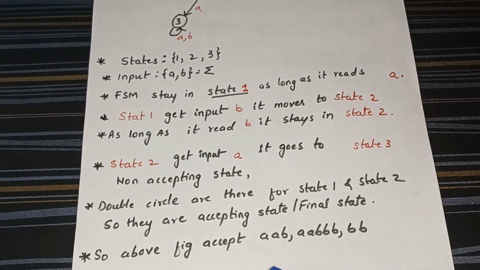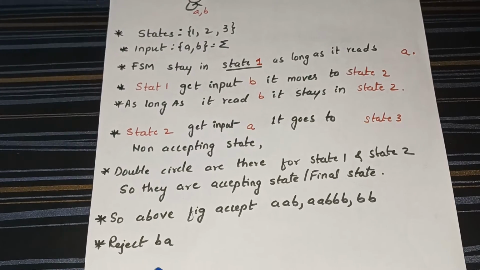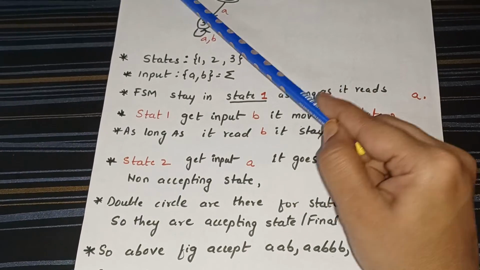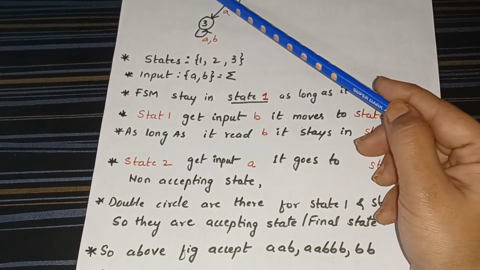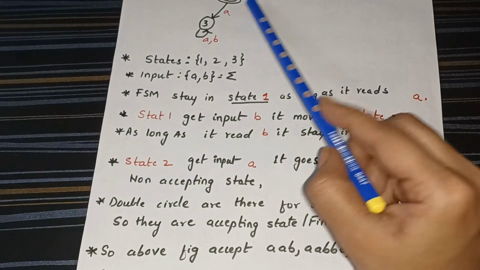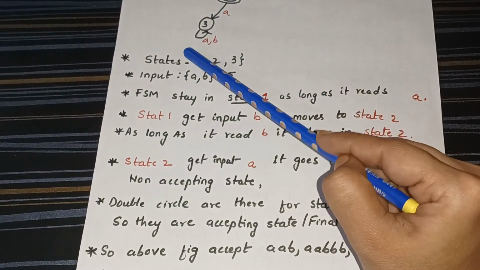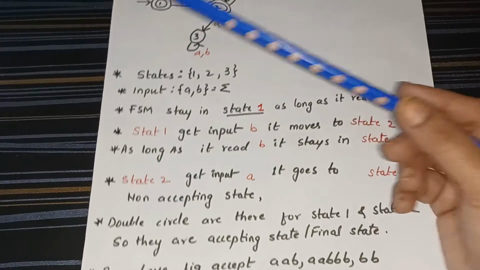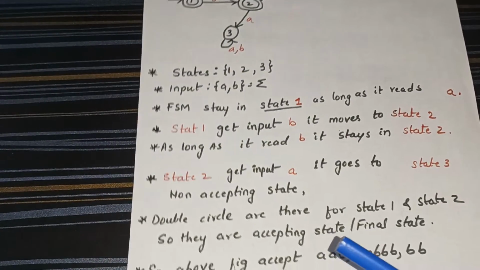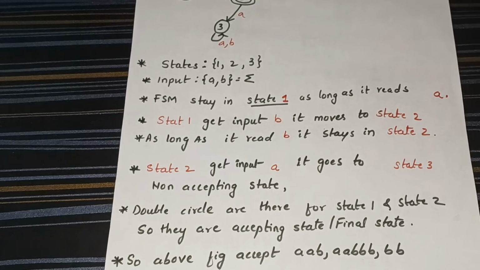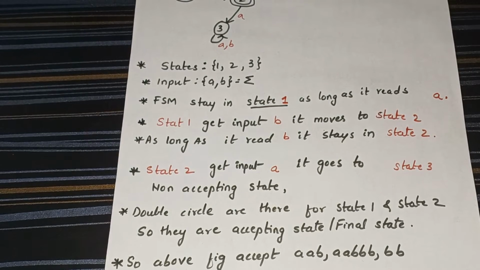These strings are accepted, and BA is rejected, because it must start with A and can end only with B. After the final state, whatever we send is non-accepting. I hope you understood. Next we will see the context free language.